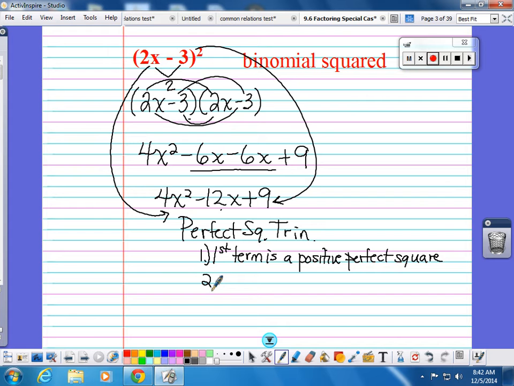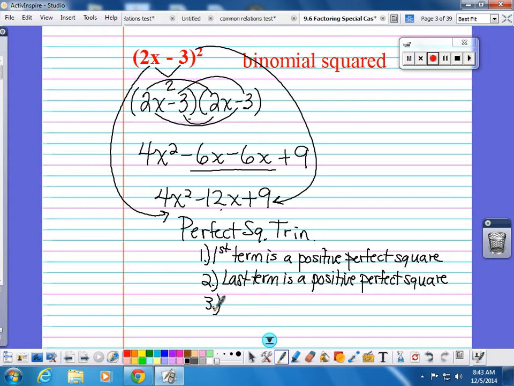Number 2, the last term is a positive perfect square. Those are easy to see. This is positive. 4 is a perfect square. Any even power exponent is a perfect square. This is positive. 9 is a perfect square.